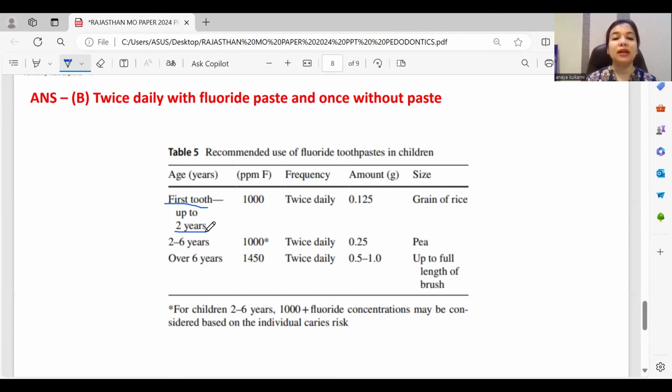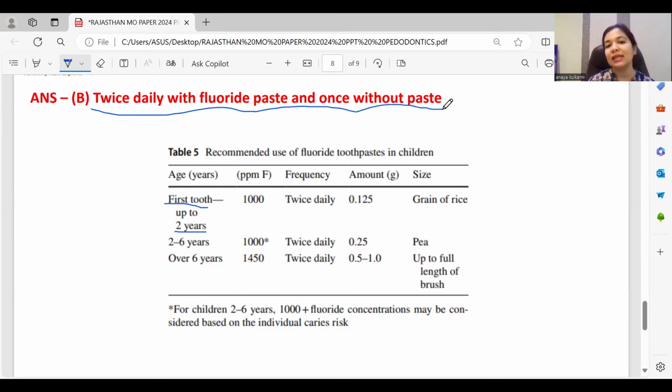That is the recommendation given by the European Academy of Pediatric Dentistry, and the American Academy of Pediatric Dentistry guidelines say that a child of 3 to 6 years of age should brush twice daily using a fluoride toothpaste. Because they've given options like that, the most legit option is twice daily with fluoride toothpaste and once without the paste.